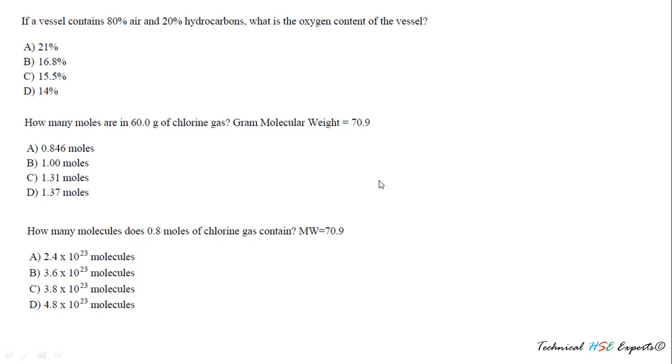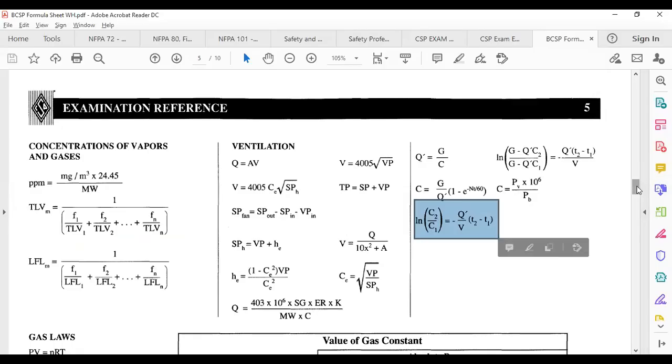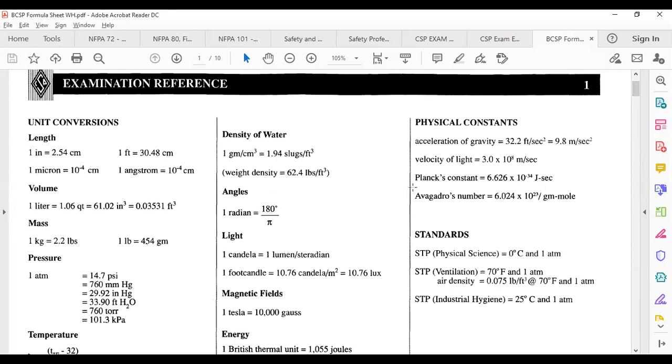Mole is equal to mass divided by molecular weight, so multiply 0.8 with 70.9 and you will identify the mass. Now we need to identify how many molecules will be present in that particular mass. For that, go to our formula sheet to get the Avogadro value, 6.023 into 10 raised to 23. Multiply with this value.